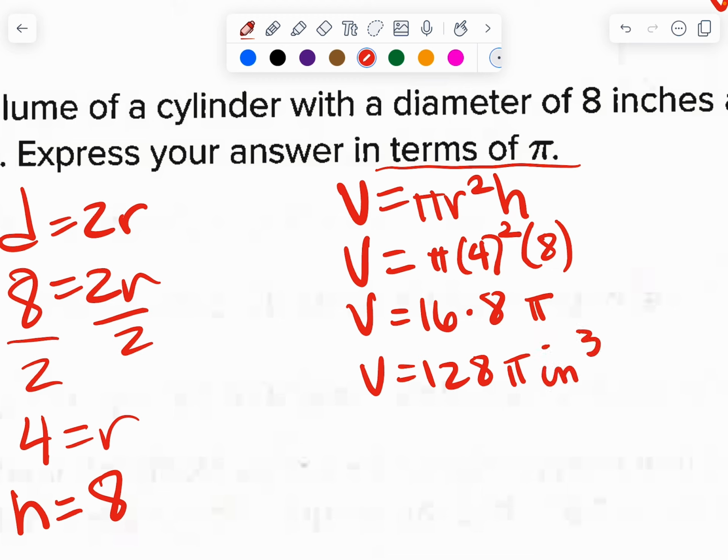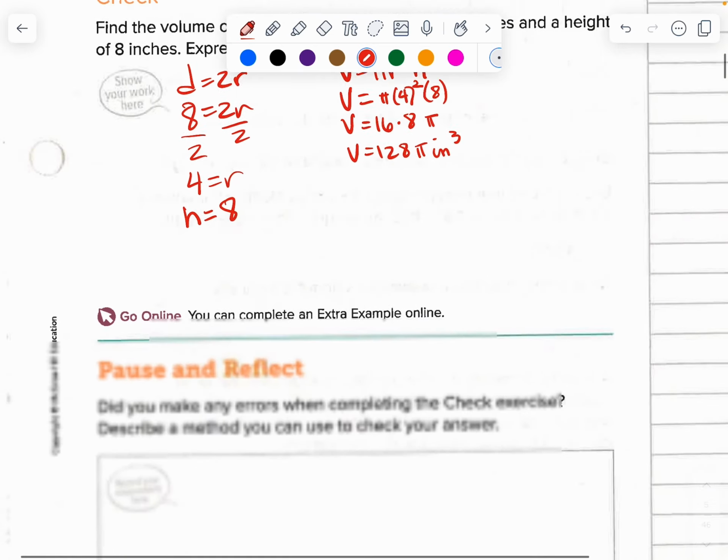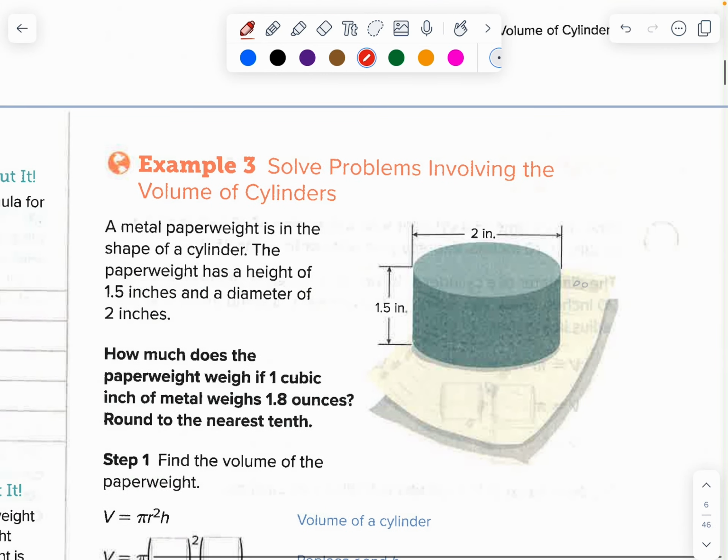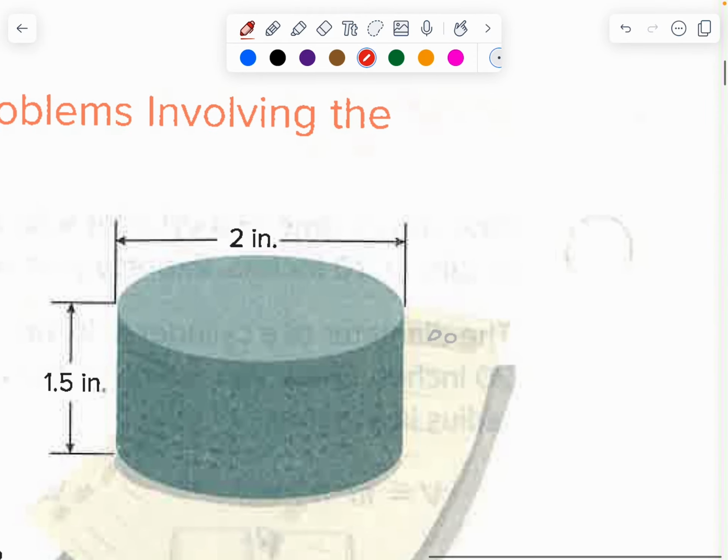Inches cubed. Okay. So this one says a metal paperweight is in the shape of a cylinder. The paperweight has a height of 1.5 inches and a diameter of 2 inches. Okay, so starting off, the volume is pi r squared h.